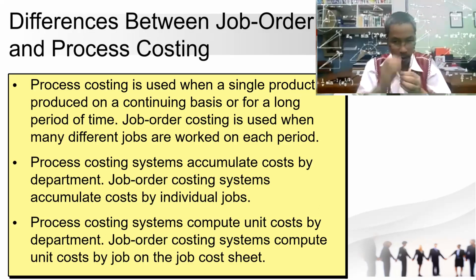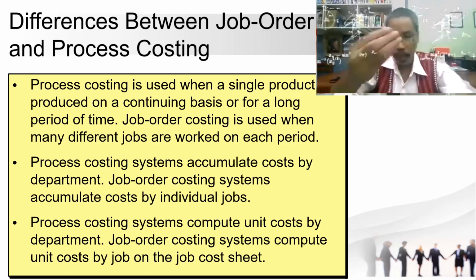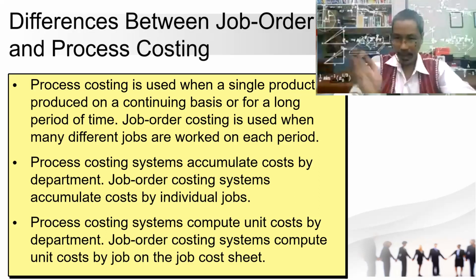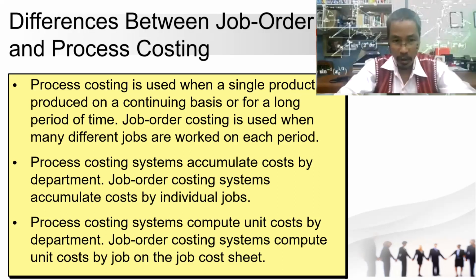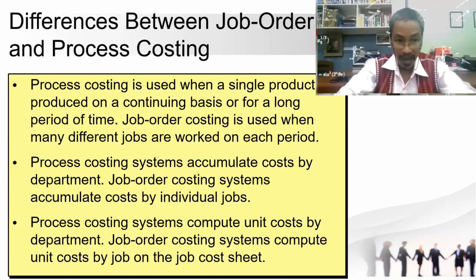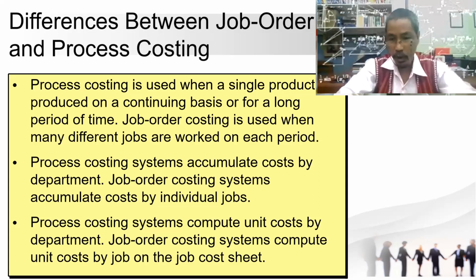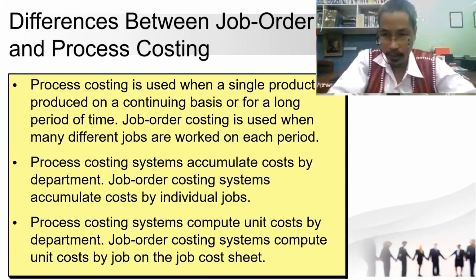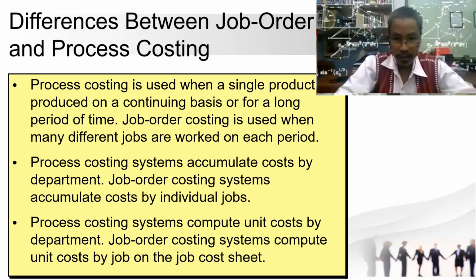I will record this one here. So the recording is being passed to different departments when you are using process costing, while the costing is being passed to individual jobs when you are using job order. So that's why it's called job order, in terms of job.